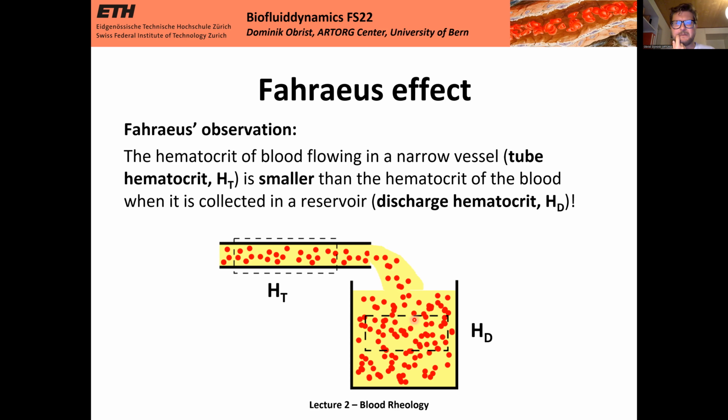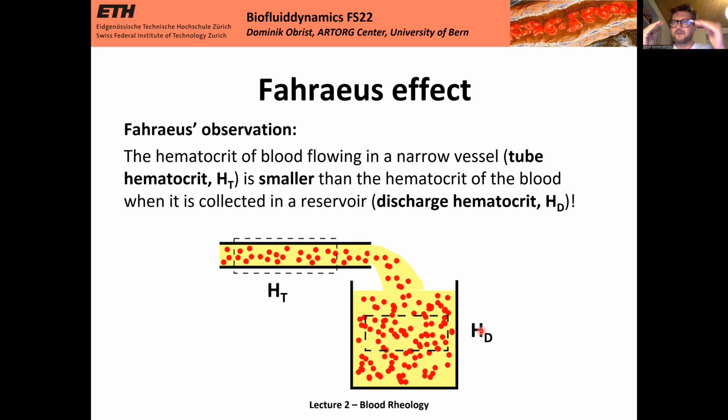Doesn't sound right, huh? So we take the same blood in a vessel, drain it into a bucket. We measure the hematocrit once in the tube, and a second time in the reservoir, and compare the two hematocrits, and we see the HT, the tube hematocrit, is smaller than the discharge hematocrit.